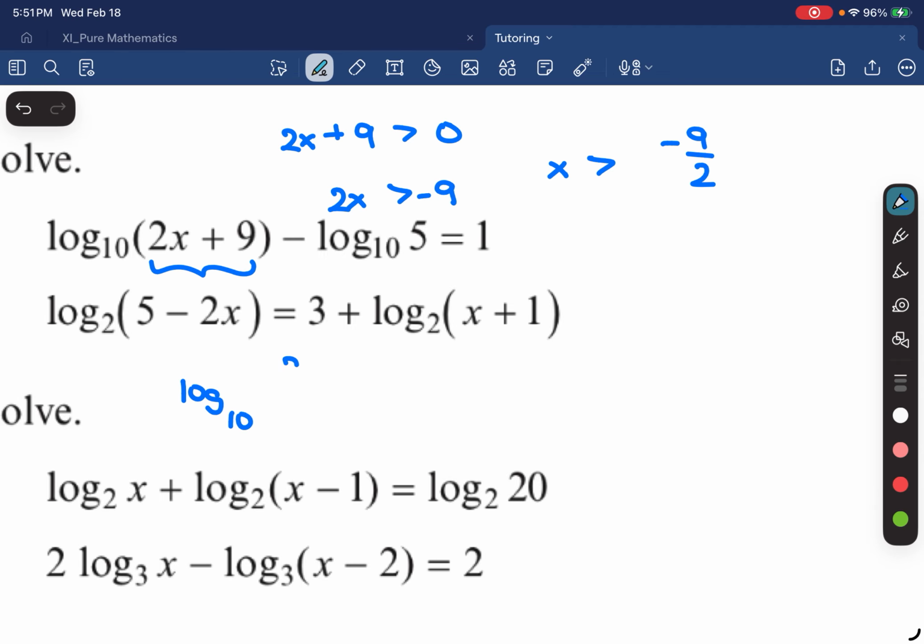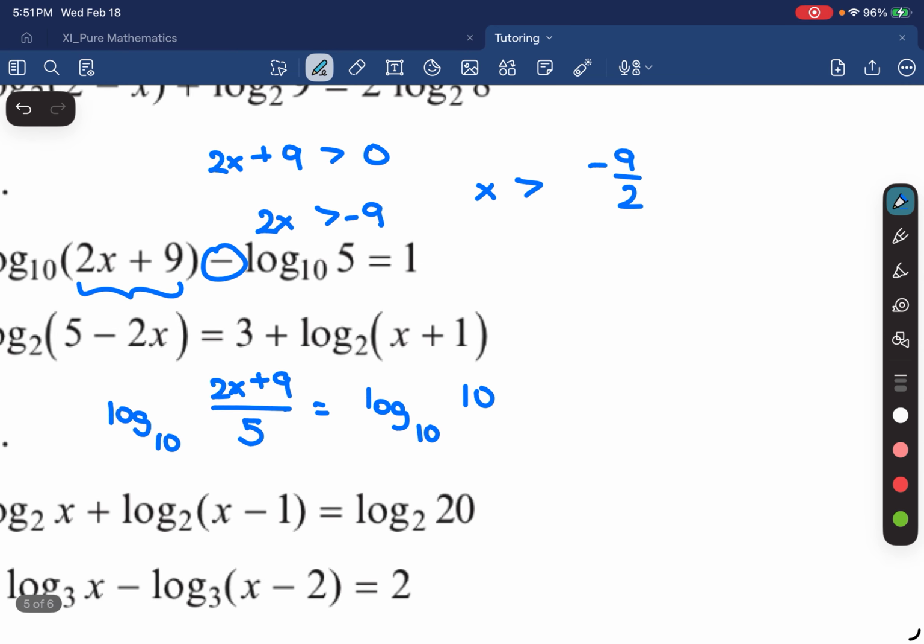So log base 10, 2x plus 9, we're going to get divided by 5 because there's a subtraction here. On the right-hand side, we're going to get log base 10 of 10, because 1 is equivalent to log base 10 of 10. We can simplify this further.